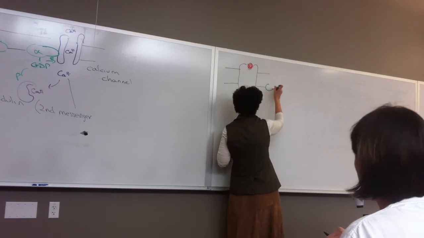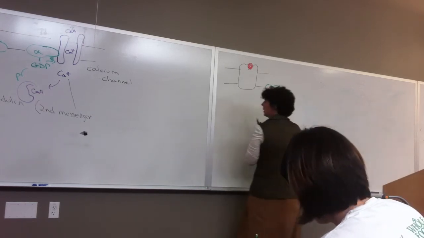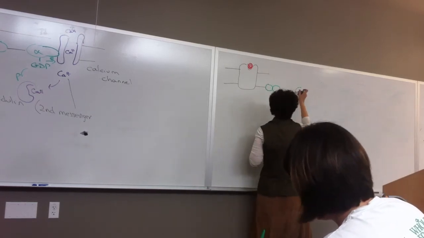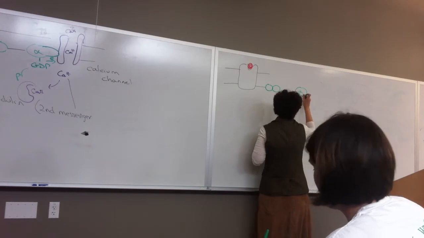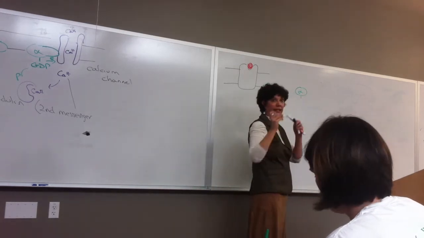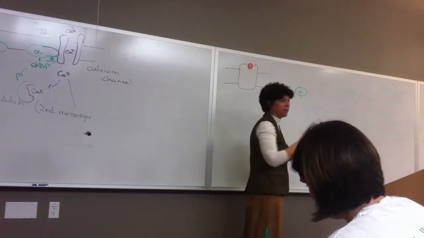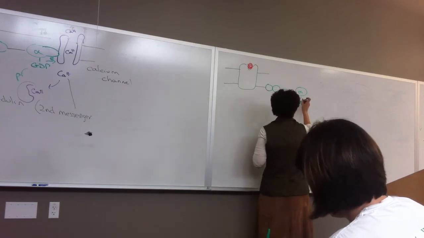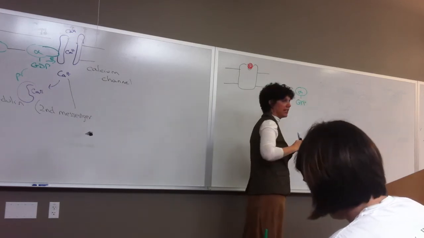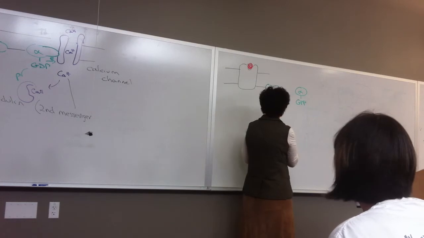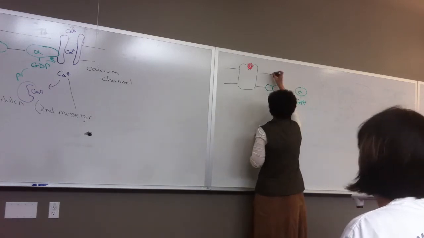The subunits separate. And the alpha subunit is activated by the replacement of GDP with GTP. Everything so far, remember I said these three mechanisms have the same first few steps.